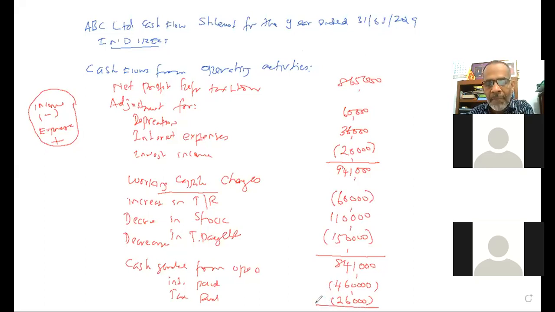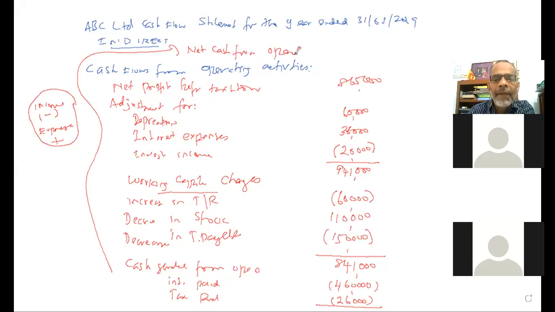Therefore, I don't have a space, I am writing here. Our answer will be net cash from operation. Net cash from operation, yesterday we found that 350,000. Here also we got 350,000, same answer. 355,000 is the operational net cash flow during the period under the direct method, and here also we have found the same amount, under the direct method as well as the indirect method.